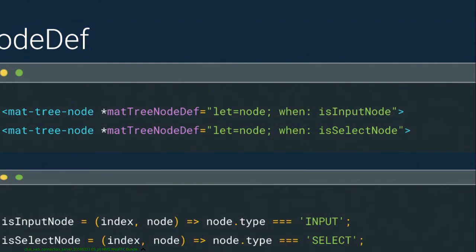So the first template will be used by the tree to render the current node. If the type is select, then the second function returns true. The second template will be used to render the current node. And we also need a default template to render when none of the functions returns true.